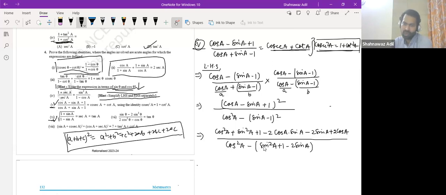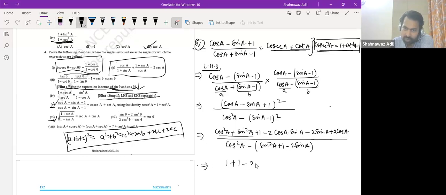Now looking at the numerator, what should we do next? We can change cos square A plus sin square A into 1, using the identity. So this is one. Let me write it first so that I don't skip the step.